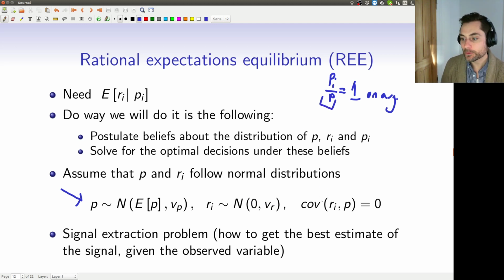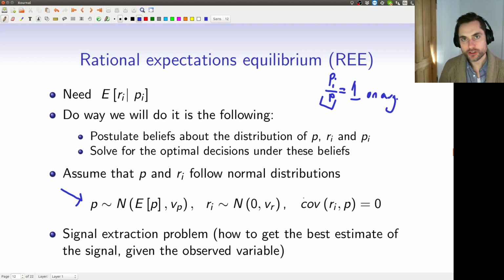And then finally, we're going to assume that the covariance between r_i and P is equal to 0, which is just saying that as the price level grows, the way that the relative prices vary around that price level doesn't depend on the actual price level.